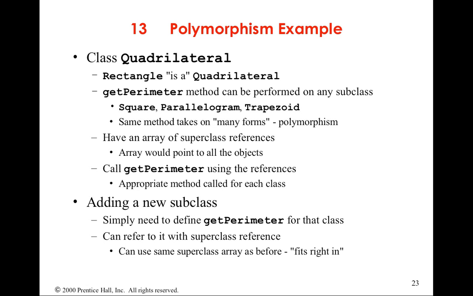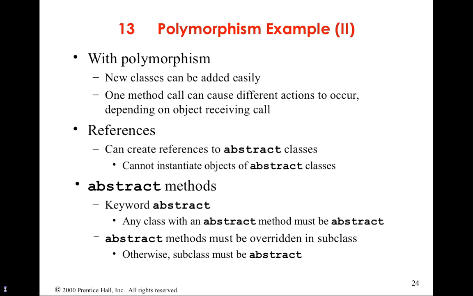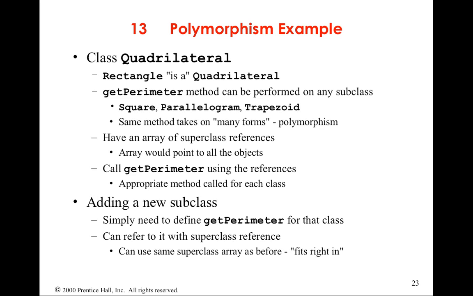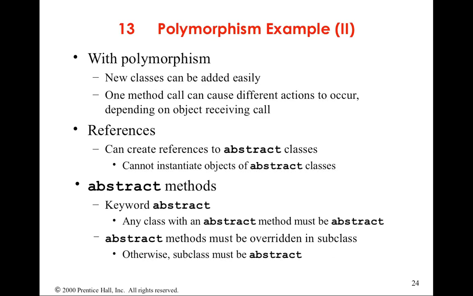Let's see. Adding new. This is just going through polymorphic examples. Rectangle. Okay, I'm going to skip through this because I already talked about this stuff. So new classes can be added easily. With polymorphism, one method can cause different actions to occur depending upon the object receiving the call.